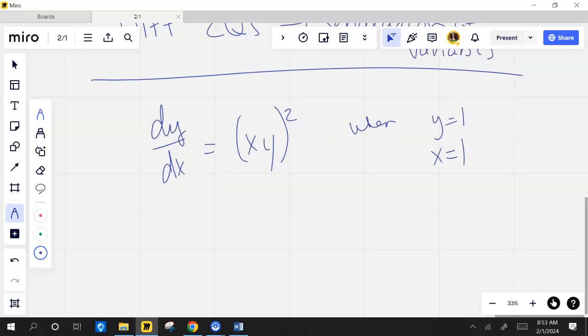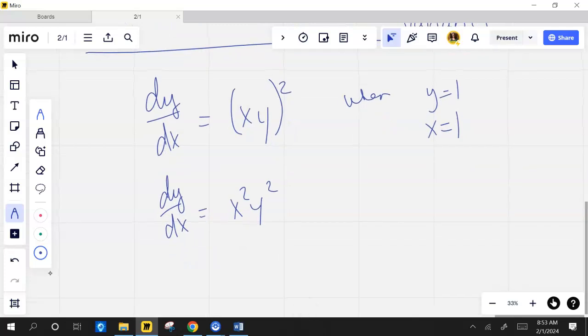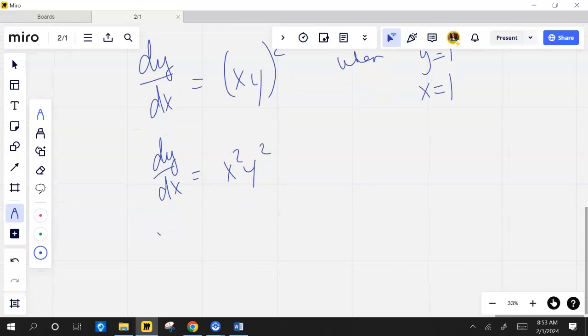So remember, this is going to be dy dx equals x squared y squared. This is where we get all the y's and the dy's on one side, all the x's and dx's on the other. So I'm going to start by multiplying both sides by dx. Y'all okay there? dy equals x squared y squared dx.